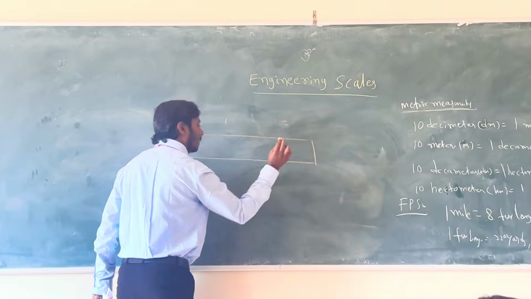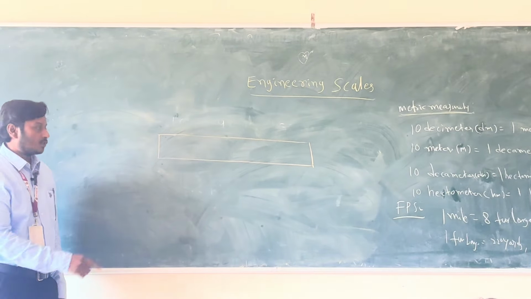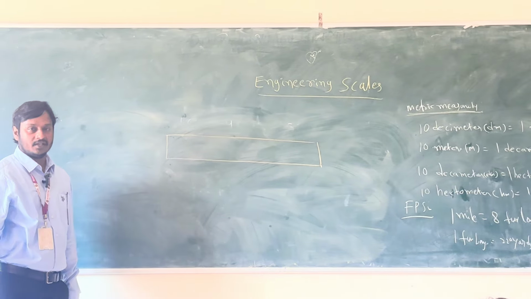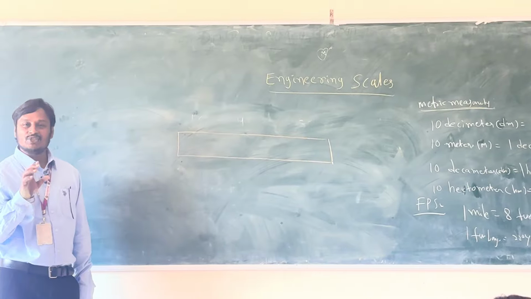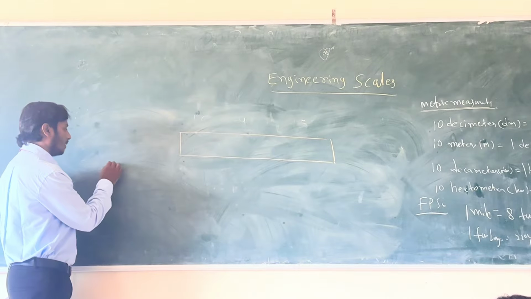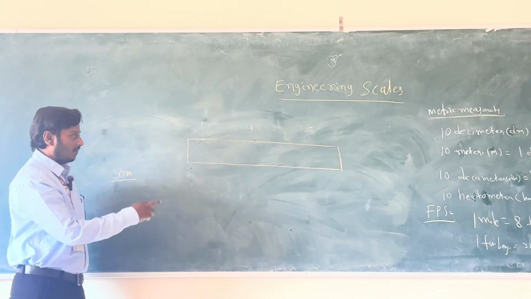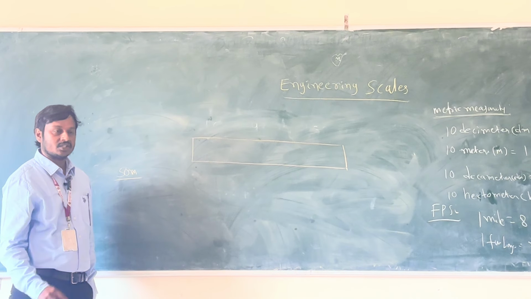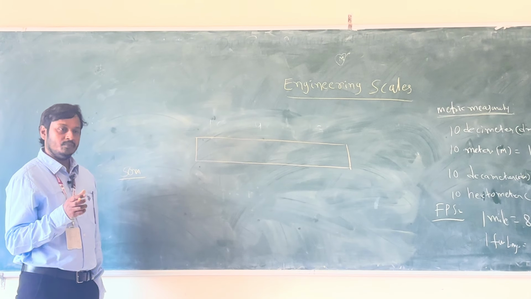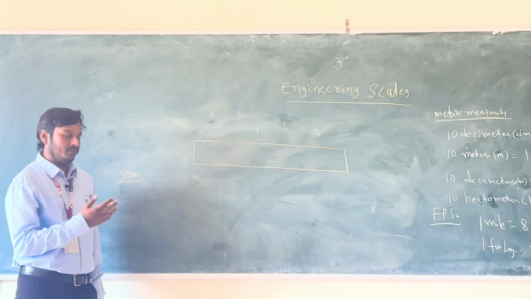Construct a rectangle box like this. This box is divided into a number of equal parts depending upon the maximum length. Here the maximum length is 50 meters, so divide this box into 5 equal parts. Each box is 10 meters, 5 times, making 50 meters.